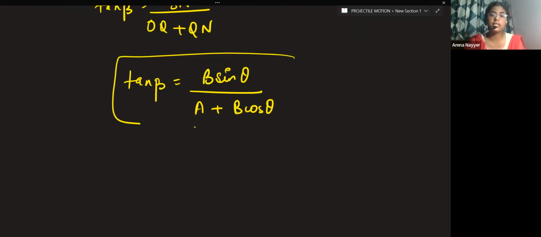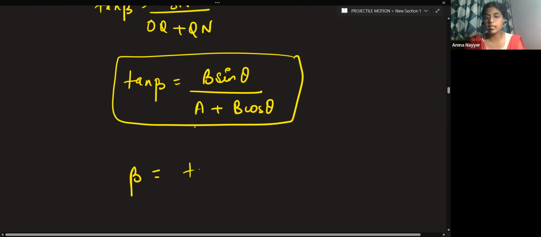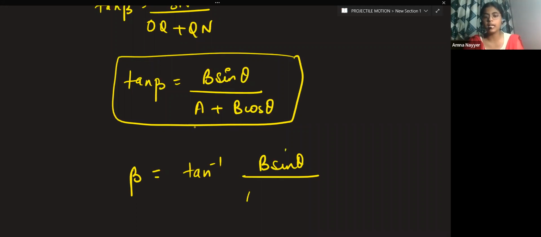This is your answer. Regarding the direction, you have to write beta as tan inverse of b sine theta divided by a plus b cos theta.